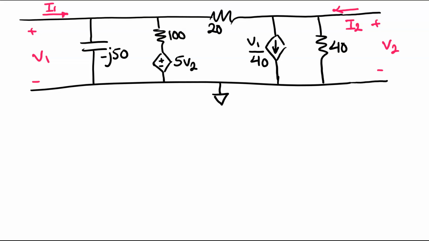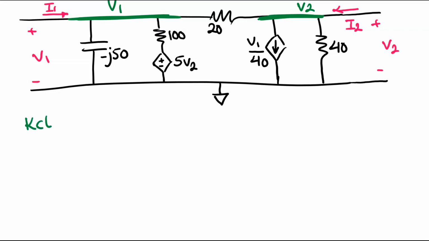So I'm going to make this one my reference, and then this is going to be one node. So I'm going to call it V1. That's clear why I'm calling it V1, because V1 is the same voltage that I have here. And I have another node here, which I'm going to call V2. Now let's write the KCL for V1 and V2.